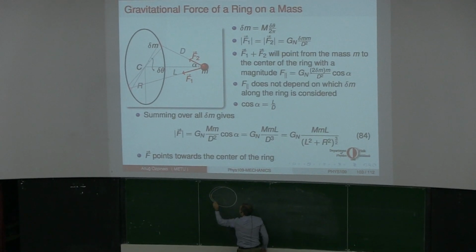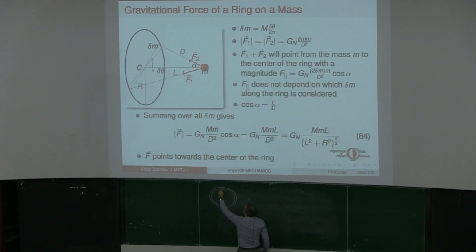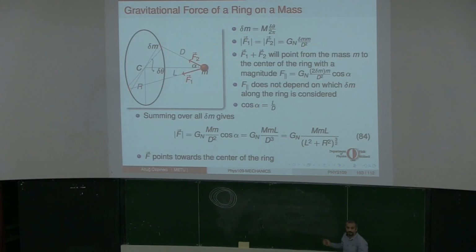So we can imagine that it is made up of very thin shells. To calculate the gravitational attraction of the sun, first I need to calculate the gravitational attraction of each one of these shells. The sun is a sum of these shells.